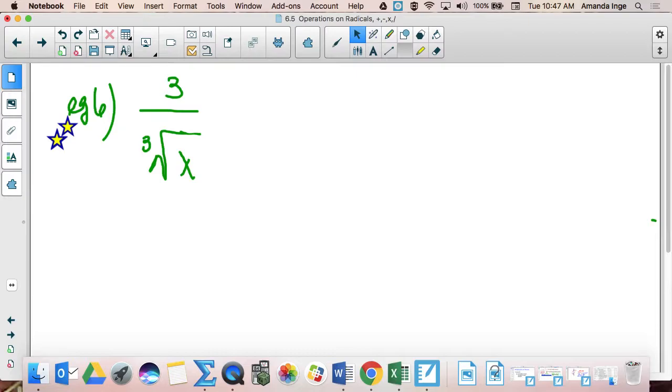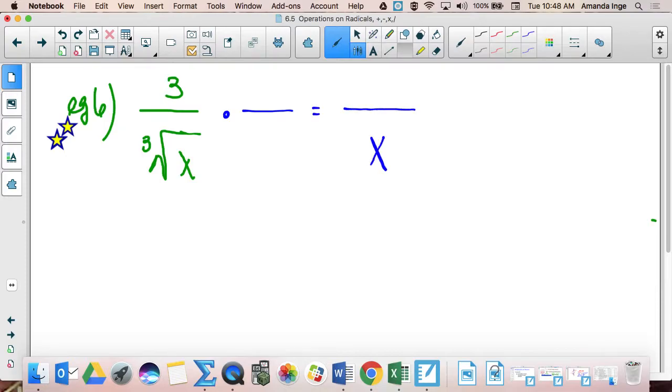You really need to take this example down, guys. I really think that this problem is easier to work in a different way, and I'll do it in a minute. But you are trying to get x in the denominator for your answer, right?